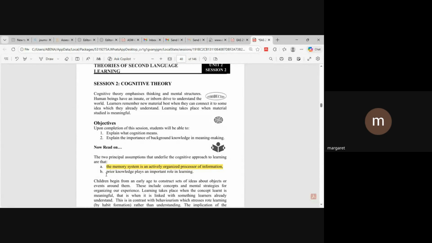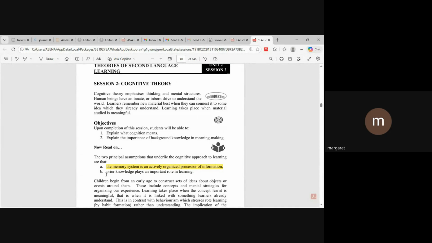So if you're about to teach them nouns in the classroom, according to this theory, the learner already knows what nouns are. They are coming from an environment. They have seen animals before. They name animals in their local language. So when they come to class, it is just for you to pull out that previous knowledge concerning nouns and build on it to teach them the concept of nouns in the English language.